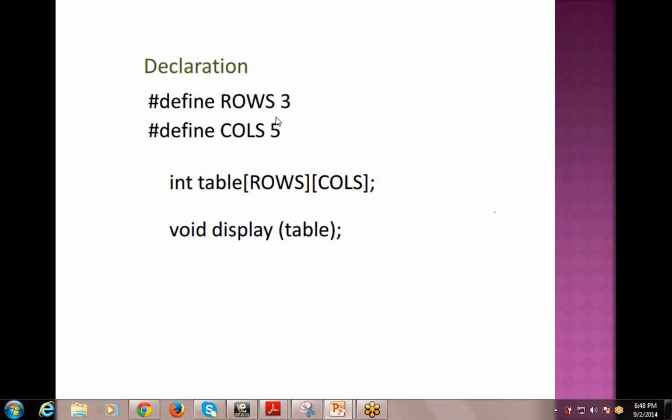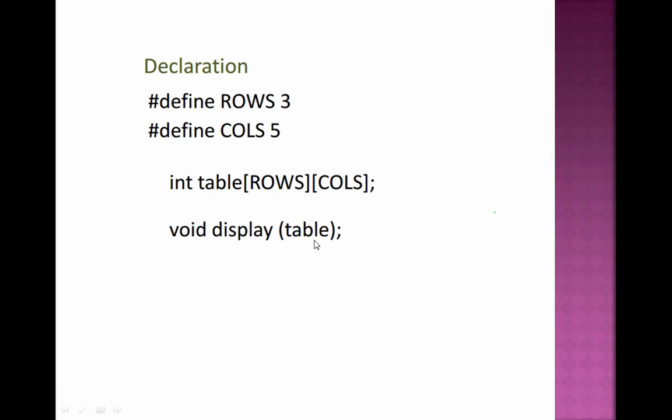That is, rows are 0, 1, 2, and columns are 0, 1, 2, 3, 4. Then we are using an array name table, with return type int, and rows and columns. Then we are using a function, void display table, meaning displaying the contents of the array known as table.